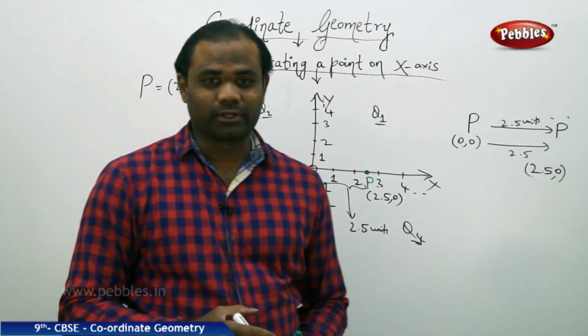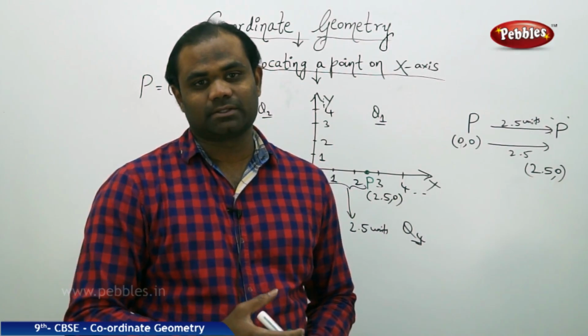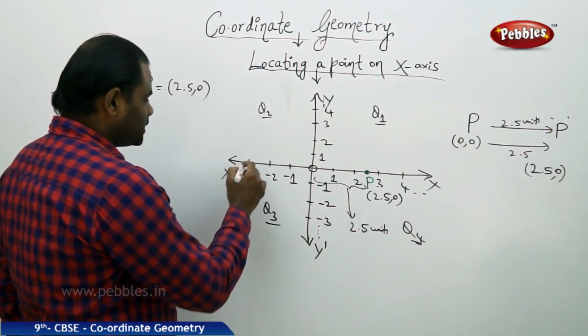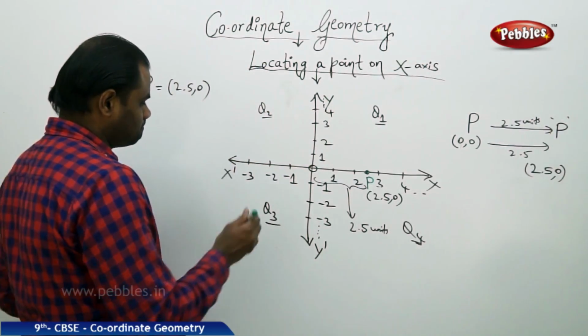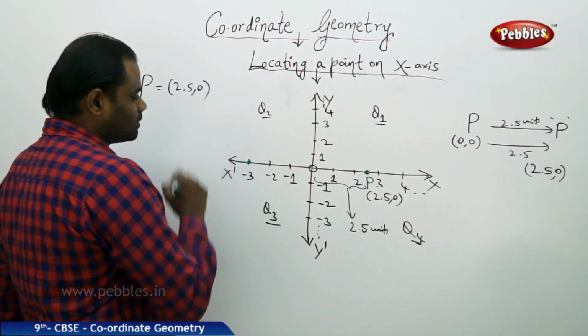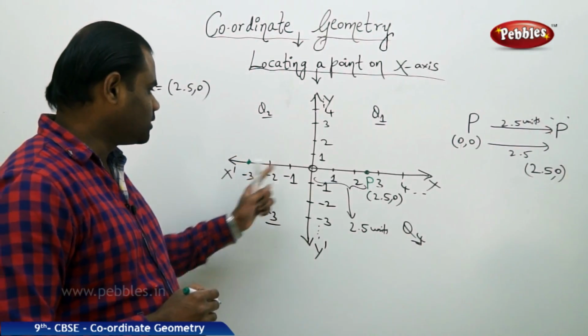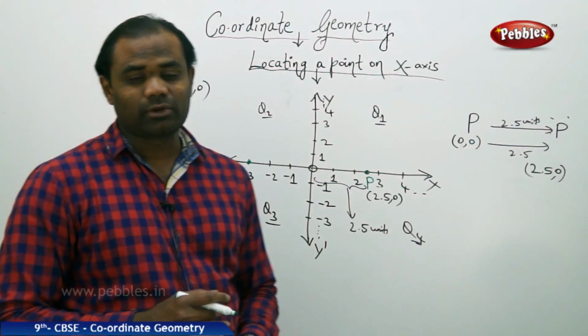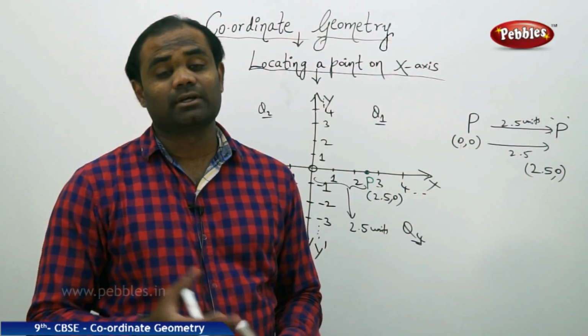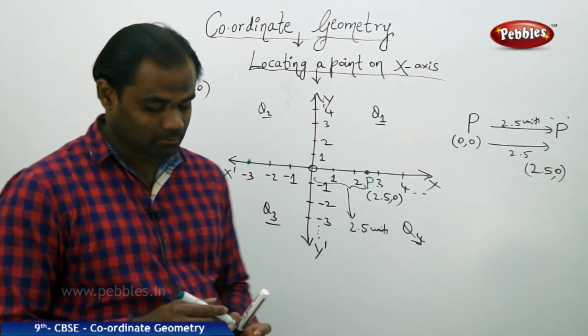Let's take another point as a review exercise. For example, I take this point -3, and let's see the point -3 on the x-axis. How do we locate this point and what are its respective coordinates?